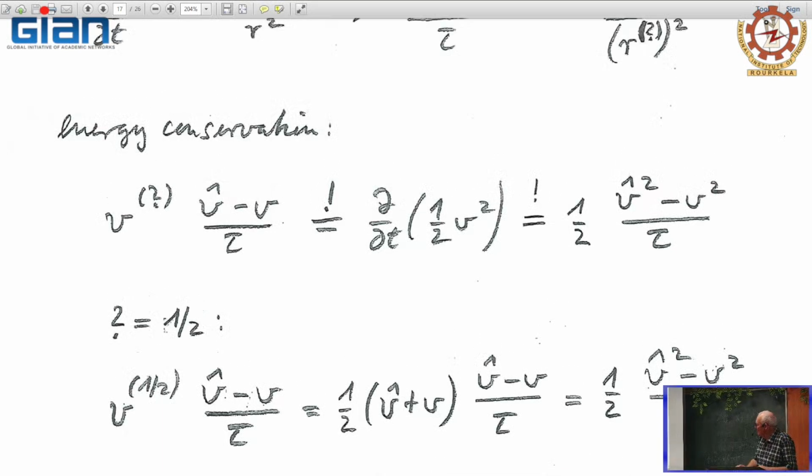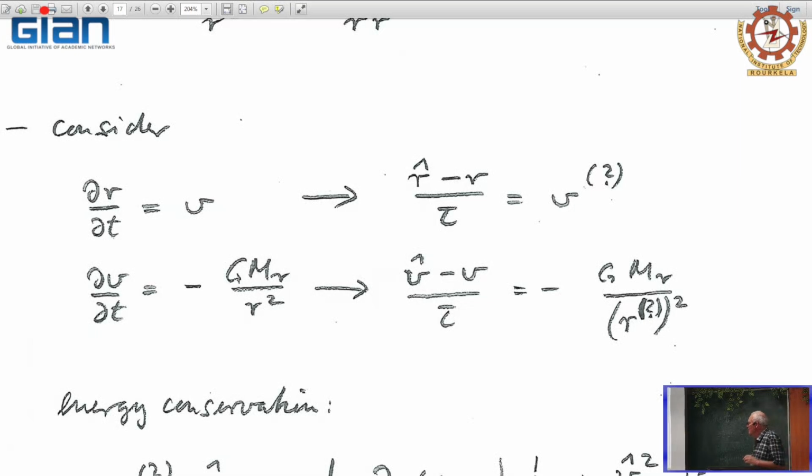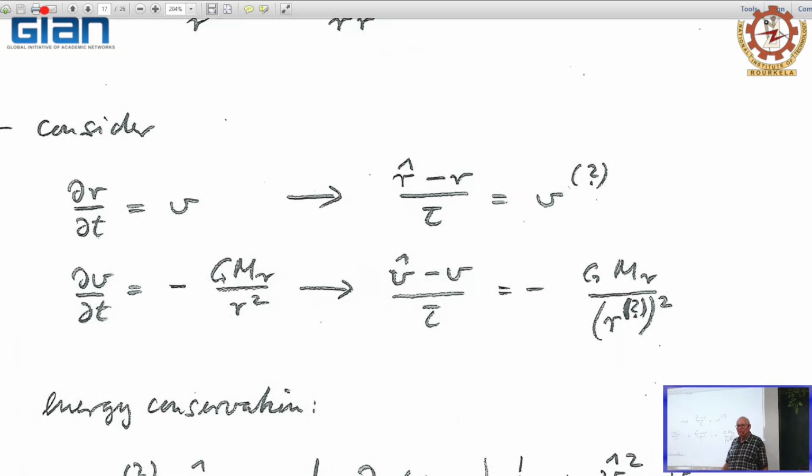So we have to insert on the right hand side v with the weight 1/2. This is required by asking for the property of the difference scheme to be the same as the differential operator.